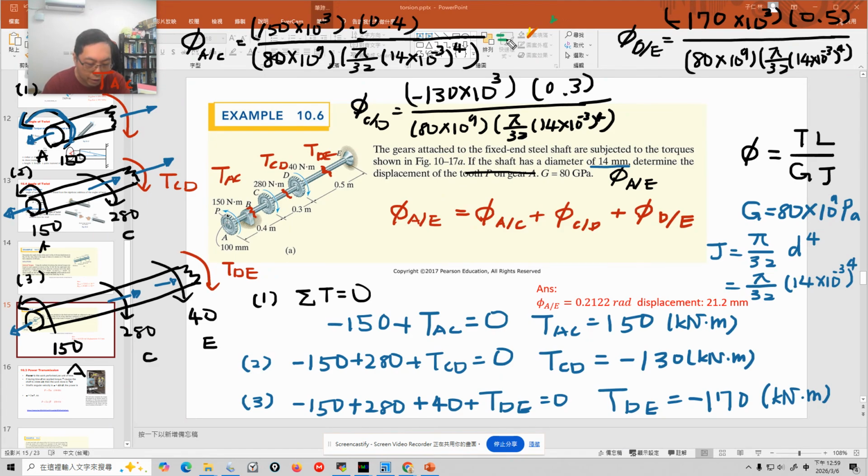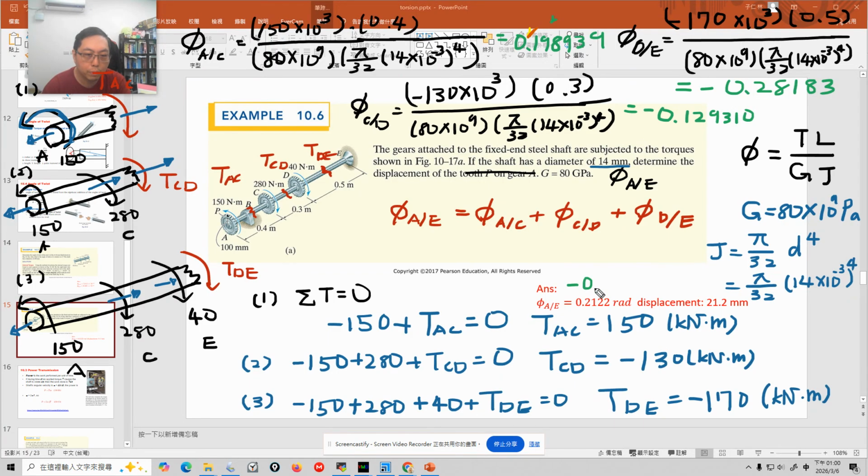AC, the value I have is 0.198939. What's the CD? The CD is minus 0.129310. And what's the DE? DE is minus 0.28183.